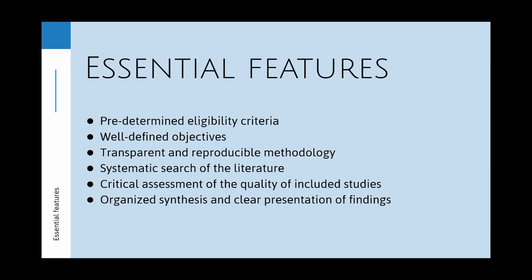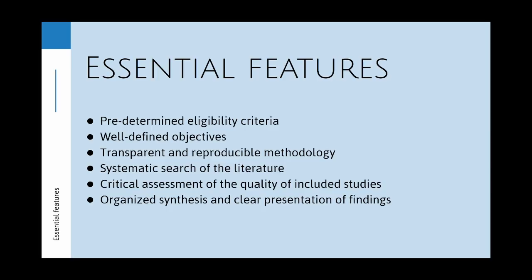Also, as I said, the systematic reviews are systematic, so you do a systematic search of the literature, and by being systematic you allow the results to be transparent and that the results can be replicated by other people. So being transparent and reproducible is an important feature, I think, for any kind of research. So that's an advantage of systematic reviews.